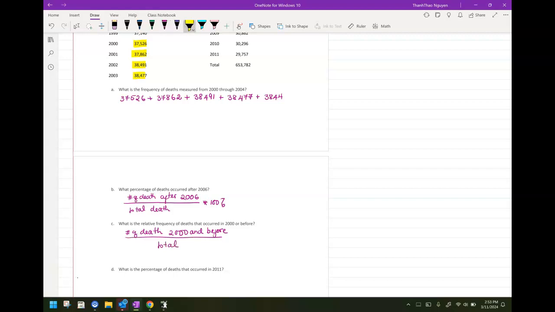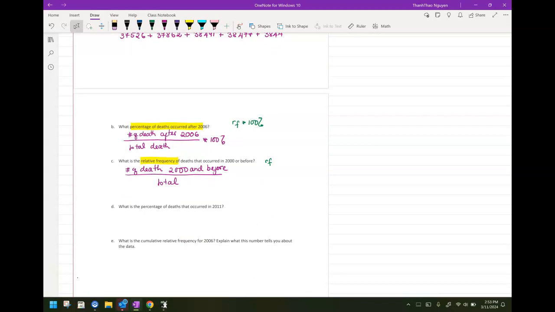The difference between the percentage and the relative frequency: when we talk about the percentage, the formula is the relative frequency multiplied by 100%. So you get a number with a percentage. But in the relative frequency, you get a decimal number that is less than 1.